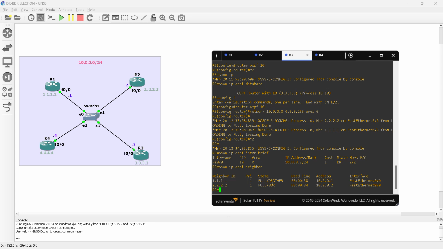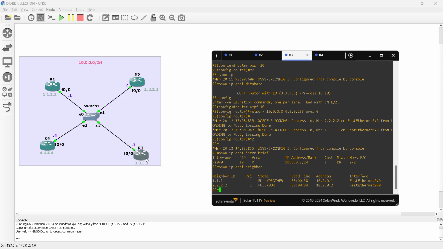Now we'll check what is inside the database, but before, let me tell you what is inside. As we have three routers participating in OSPF, R3 is behaving as designated router, R2 is behaving as backup designated router, and R1 is behaving as DR other.